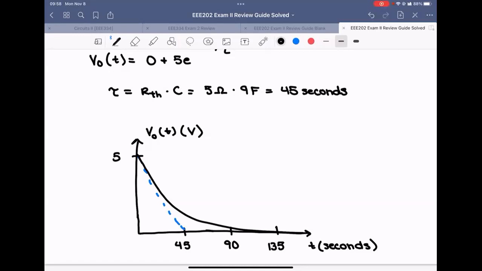The curve just needs to be ballpark correct; we're not graphing calculators. That tangent line is important. You need to include that tangent line in the graph, and I would make sure it's dashed to denote that it is that tangent line.